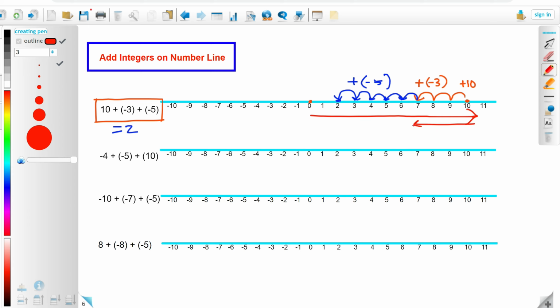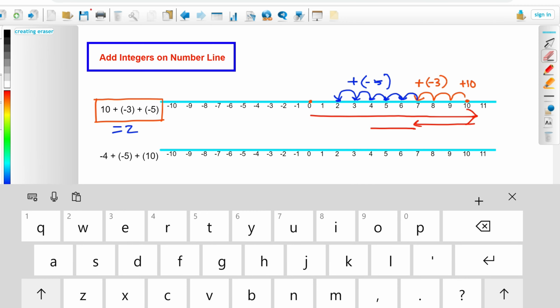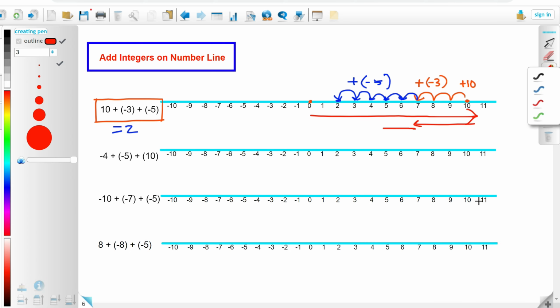And then we did 5 units left to reach our answer, which is 2. Is it clear to you? So that is what we have to do when 3 are involved. Perfect. We'll do it once again.